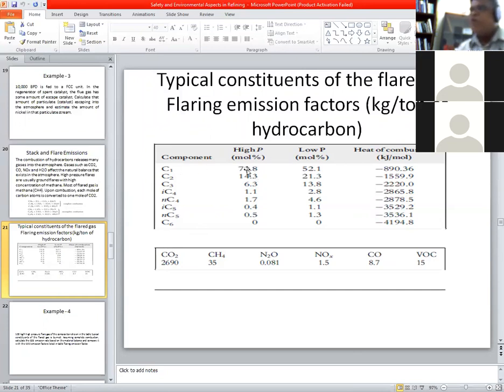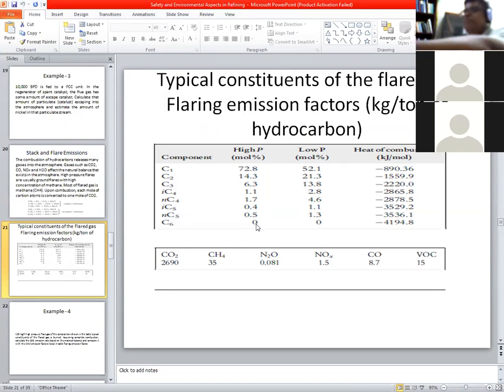With the molar composition, first calculate the total gas molecular weight. It's easy, the molar fraction is given: 0.728 times CH4, molecular weight 16, plus this one times ethane, molecular weight 30, then 0.063 times propane, molecular weight 44, then this one times butane, then 0.004 times pentane, molecular weight 72, plus 0.005 times 72.